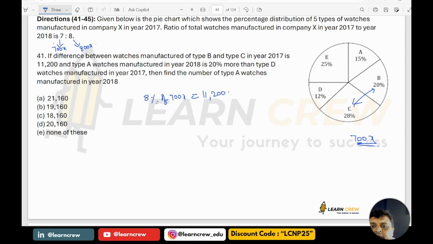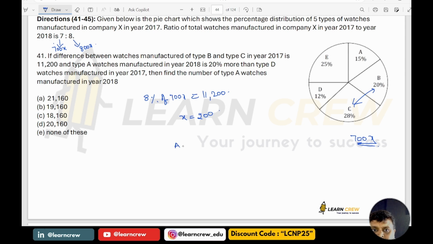So now what am I going to get? 8 sevens are 56, thereby x is equal to 200. Now it is given that type A watches manufactured in the year 2018 is 20% more than type D watches manufactured in the year 2017.